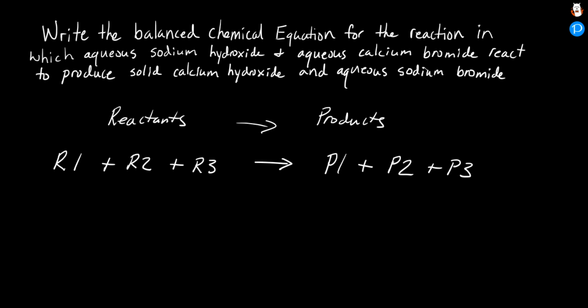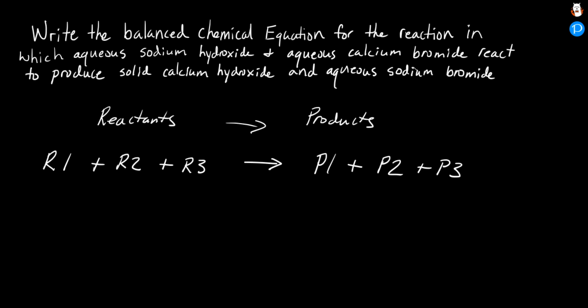So let's take a look again back at this. And let's first try and identify what are the reactants that I have in this example here. So it says that it is the reaction in which aqueous sodium hydroxide and aqueous calcium bromide react. So that means these two things are my reactants.